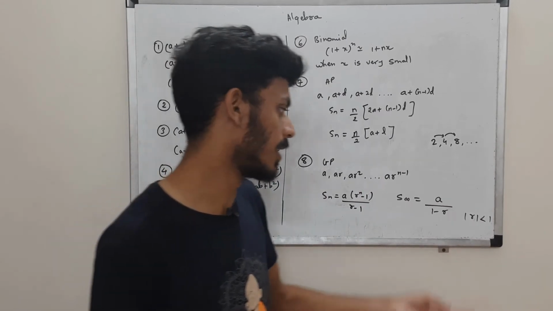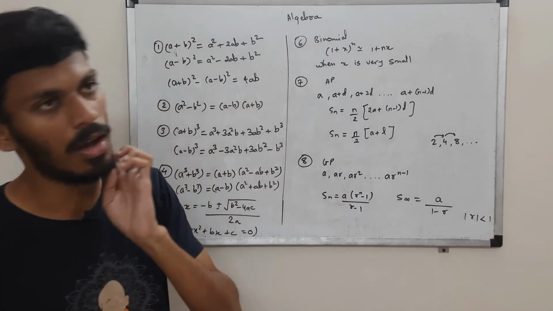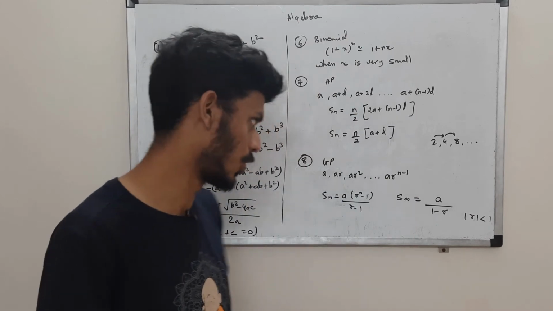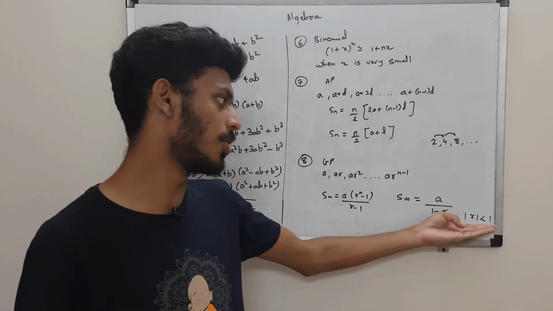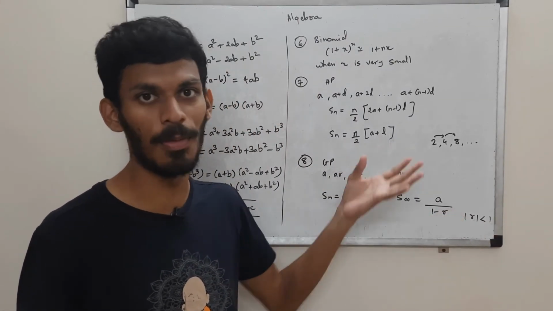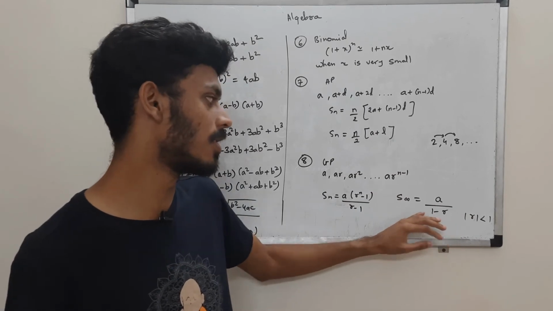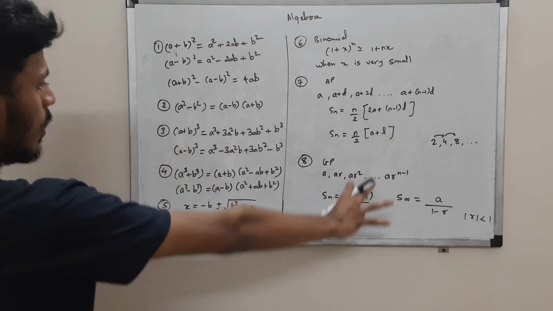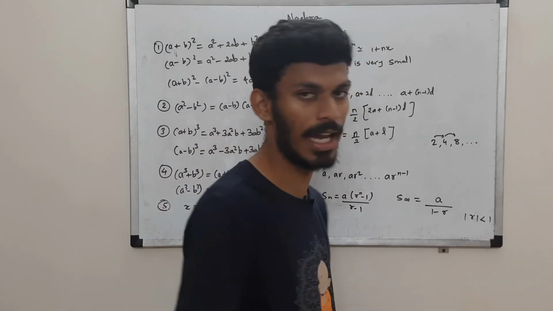So the series will converge. This you have to ensure, only then can you apply the formula a upon 1 minus r. This is the sum of an infinite GP. So let's solve some problems, especially on the GP side, so that we get the hang of it.